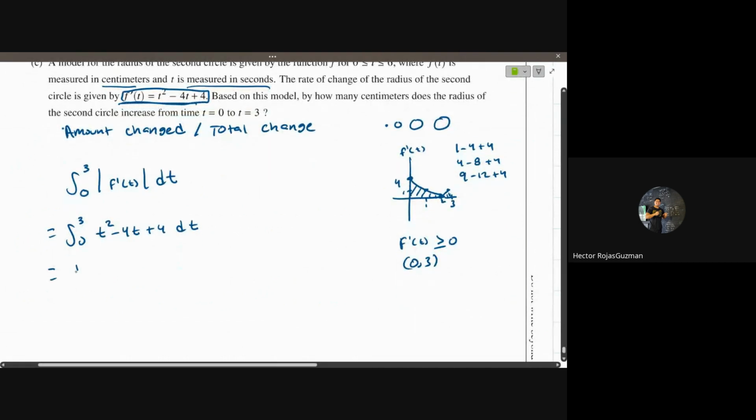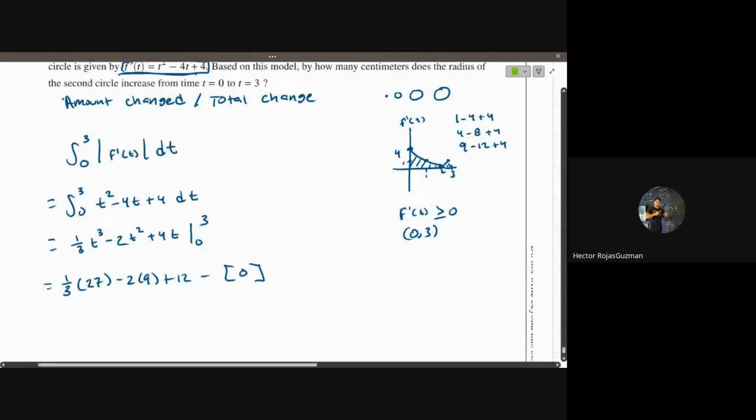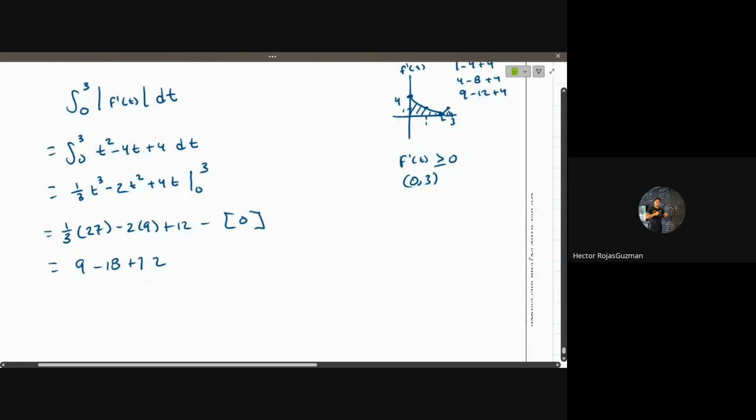So the integral is 1/3 t to the power of 3 minus 2t squared plus 4t evaluated from 0 to 3. This becomes 1/3 times 27 minus 2 times 9 plus 12 minus 0. This is 9 minus 18 plus 12, which is 3.